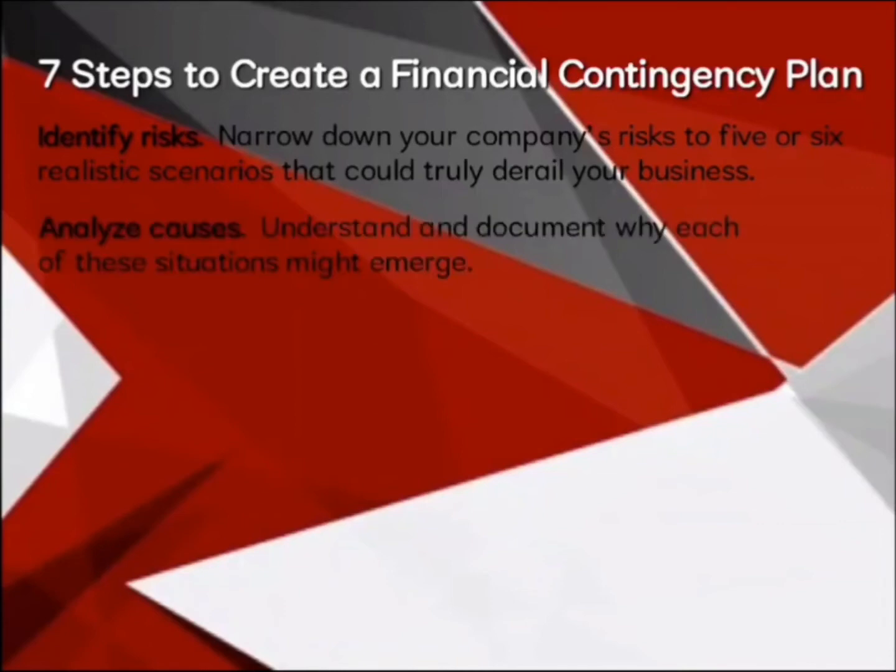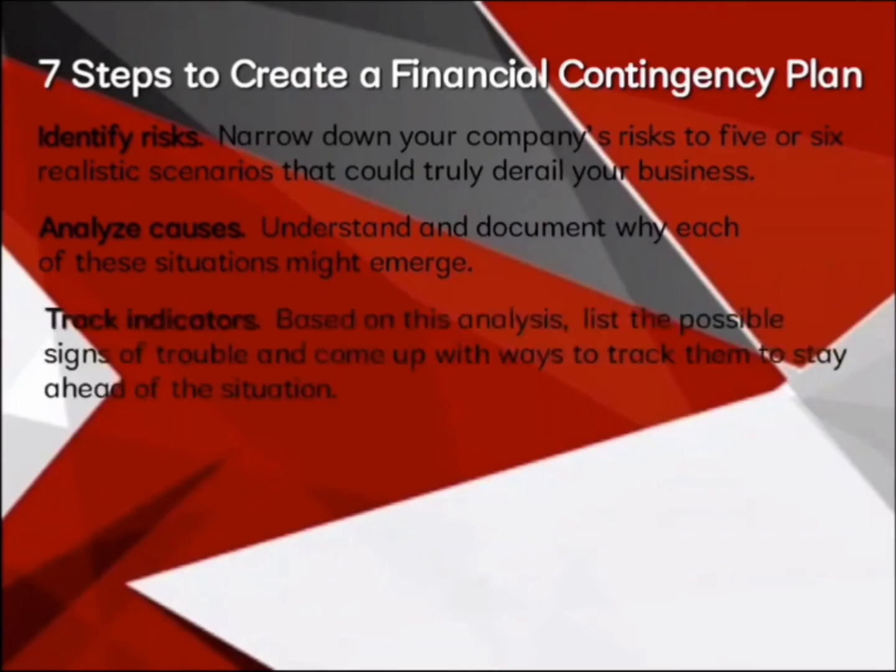Analyze causes: understand and document why each of these situations might emerge. Track indicators: based on this analysis, list the possible signs of trouble and come up with ways to track them to stay ahead of the situation.